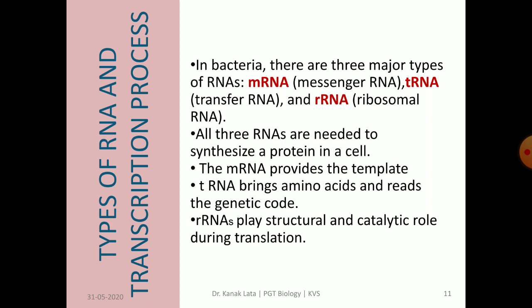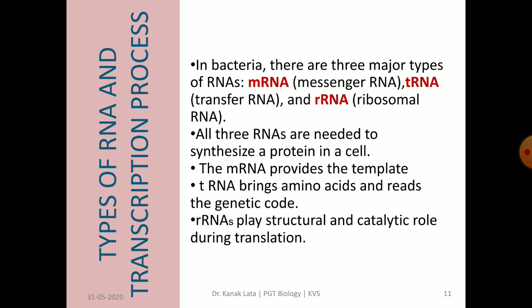There are 3 different types of RNA. What are they? They are messenger RNA, mRNA, transfer RNA, tRNA, and ribosomal RNA, that is rRNA. All these 3 RNAs are required for the translation process, that is for synthesis of protein.